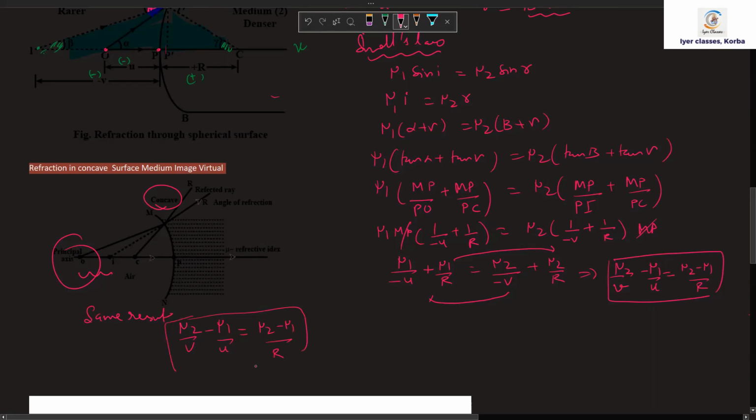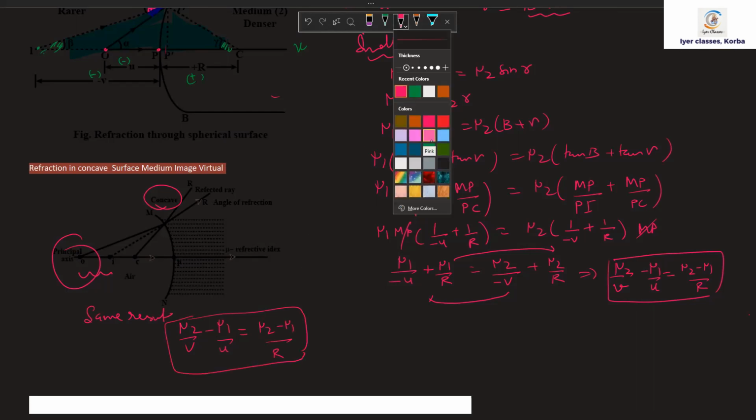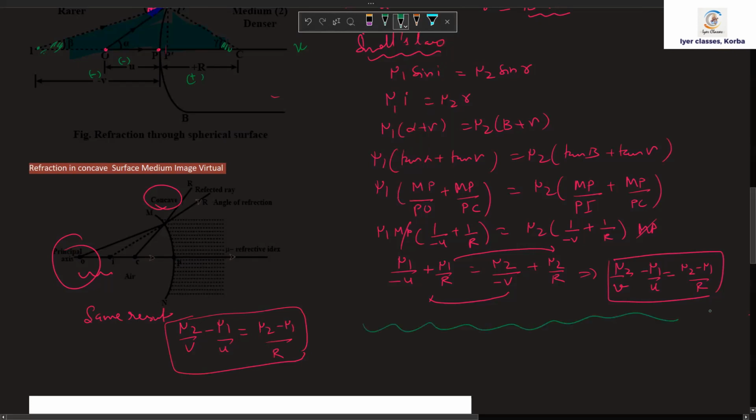This is if the object is in the rarer medium. But if the object is in the denser medium, the formula will change.